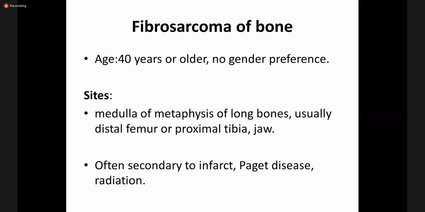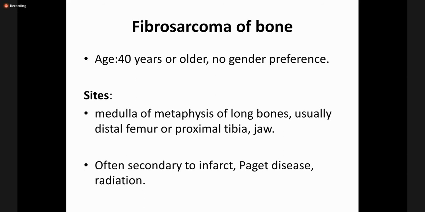Usually these occur in the 40 years or older age group, with no gender preference. Sometimes it is secondary to infarct, Paget's disease, or radiation. Occasionally they are multicentric, but metastatic sarcomatoid carcinoma is more likely.